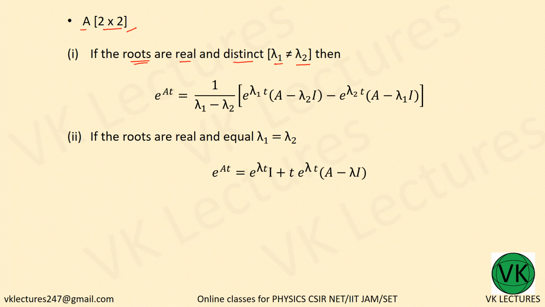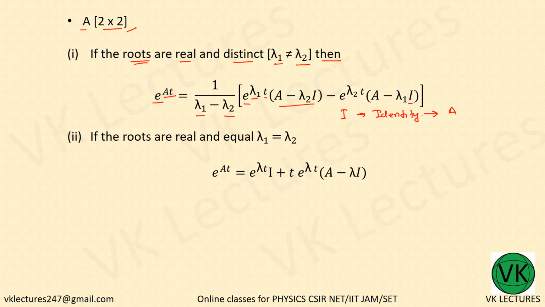If they are not equal, then e to the power At, where A is the matrix, is equal to 1 by lambda 1 minus lambda 2 into [e to the power lambda 1 t into (A minus lambda 2 I) minus e to the power lambda 2 t into (A minus lambda 1 I)]. Here I is the identity matrix, and it should have the same order as A.